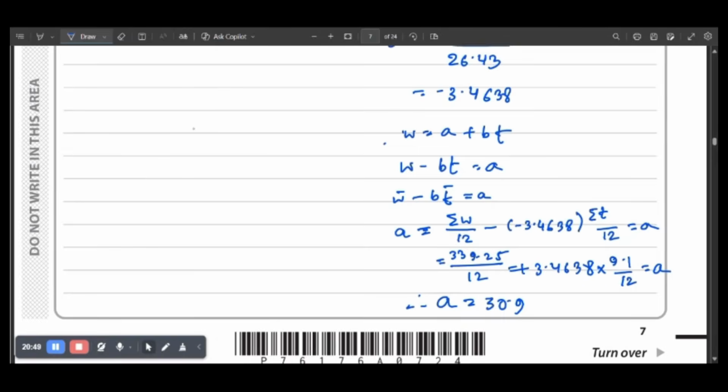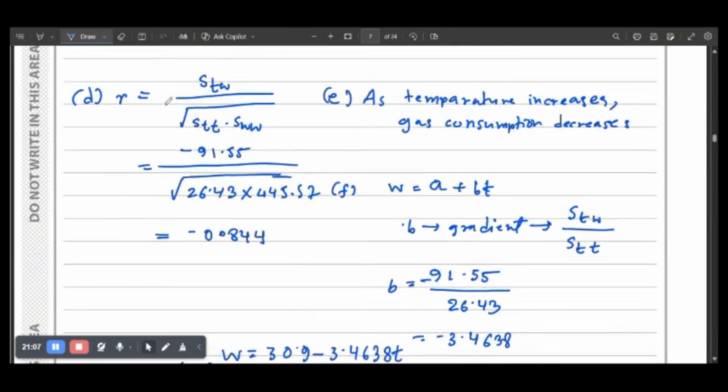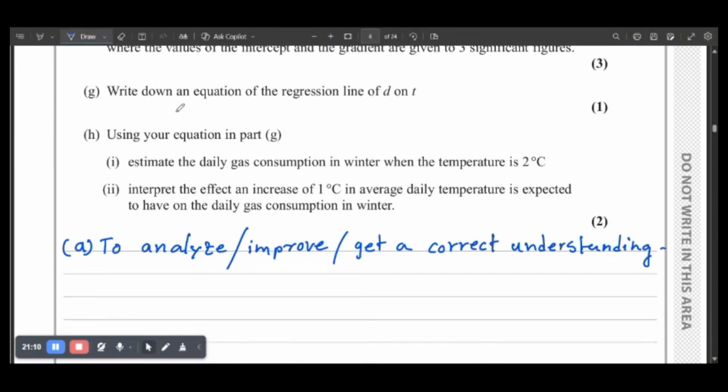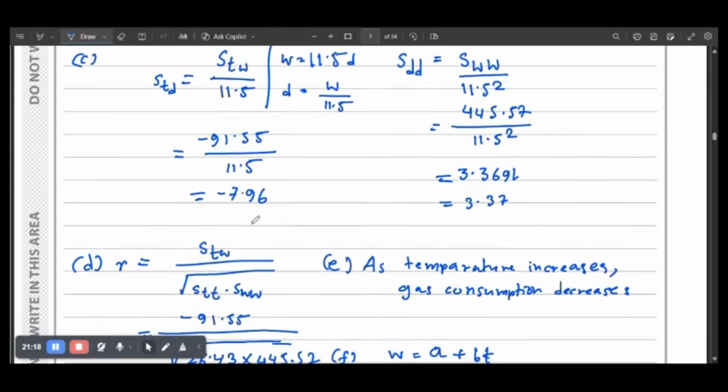Now we can just form the equation W equals 30.9 minus 3.4638 T. Now we can see the question, and we see that the values of intercept and the gradient are given to three significant figures. We have to give the values to three significant figures.